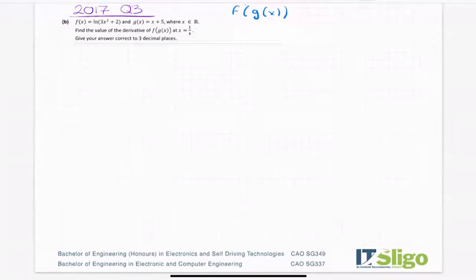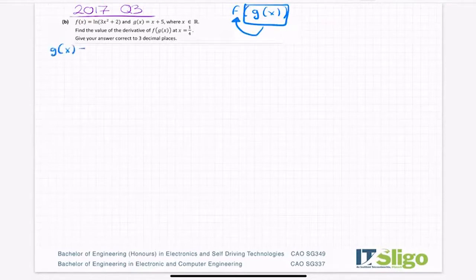Okay, so in other words, g of x gets subbed into f. So my g of x is x plus 5. So therefore f of g of x means this x that's in f of x gets replaced by g of x.